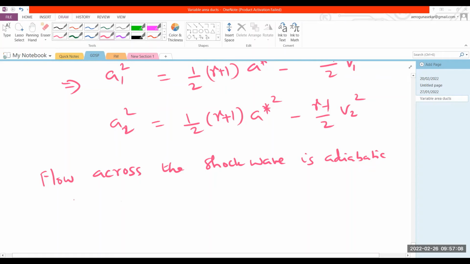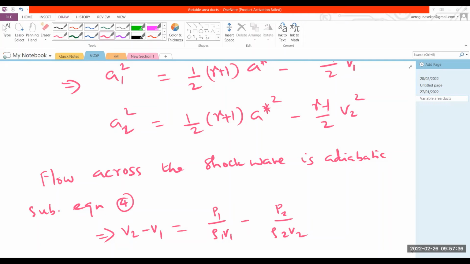If you are remembering it correctly, it is nothing but substituting in equation number 4. Then it is v2 square, v2 minus v1, which is also equal to p1 by rho 1 v1 minus p2 by rho 2 v2.